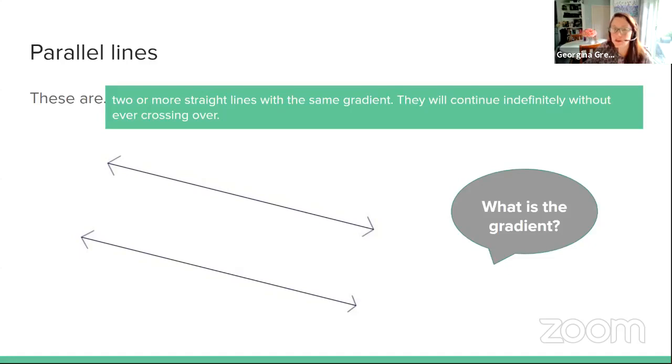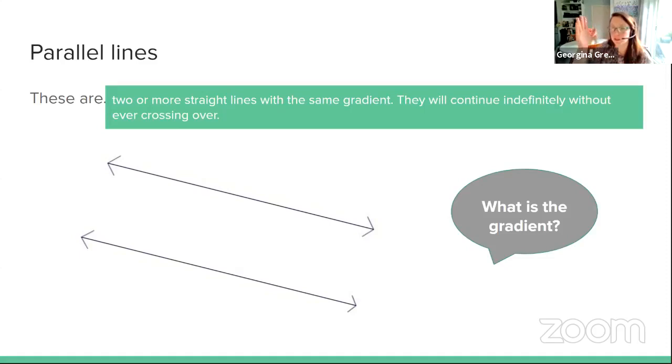The gradient of a line is a measure of how steep it is, a measure of the slope of the line. And when we're measuring it to give it a mathematical value, we would measure the change in the y-axis divided by the change in the x-axis. Remember, the y-axis is this way, the x-axis is this way. So vertical y-axis, horizontal x-axis.